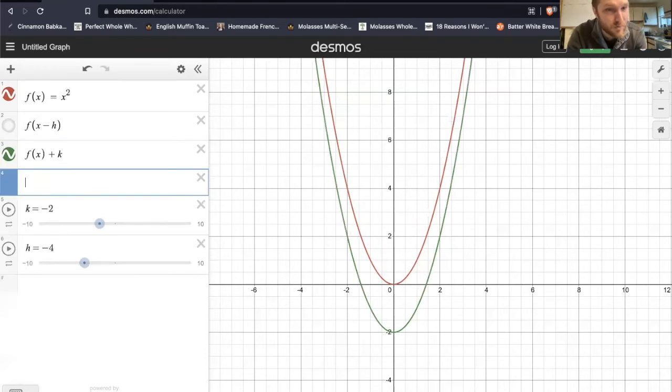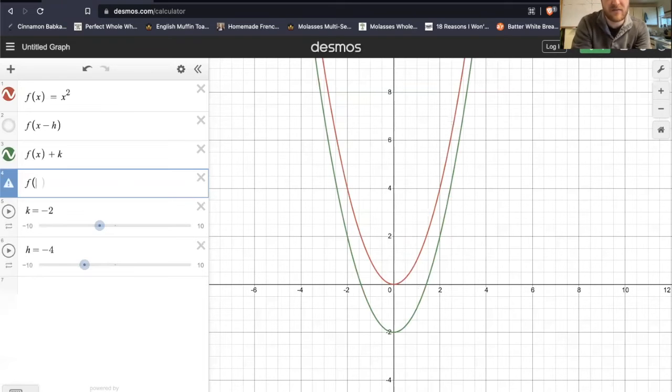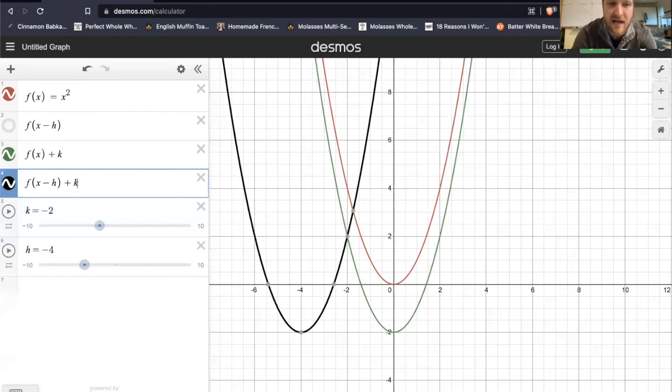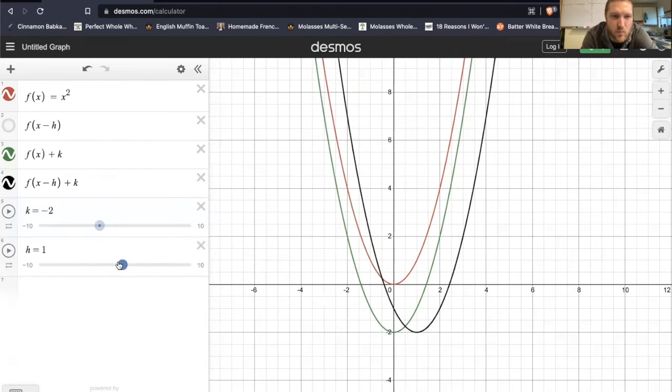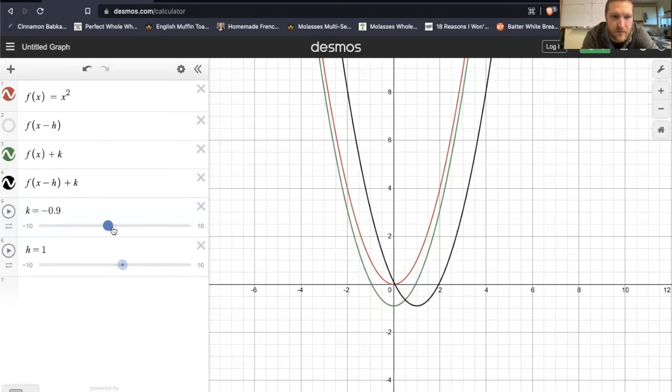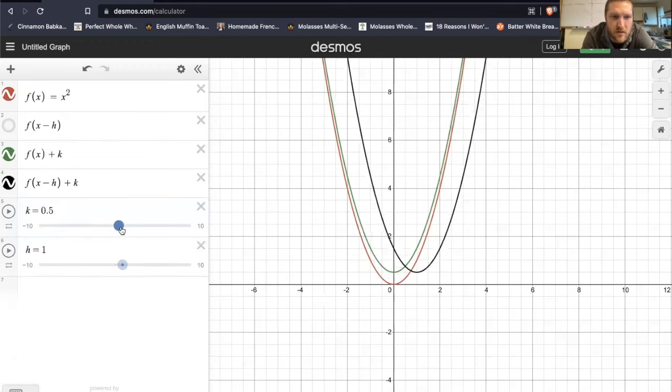Now, let's do one more thing. f of x minus h plus k. Now we have 2 things to play with: f of x minus h and k. Let's start somewhere nice. Let's start at 1, 1.